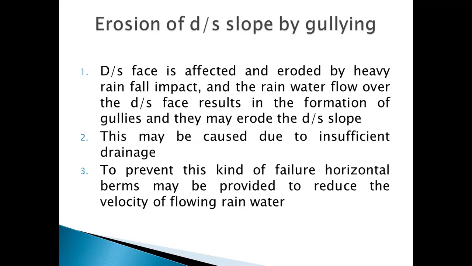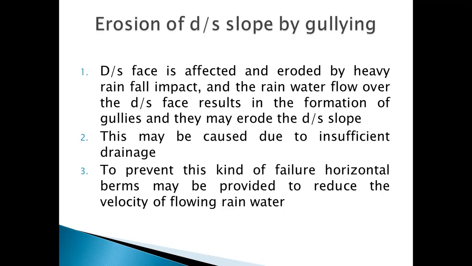We know that when heavy rainfall occurs on soil, it automatically creates a small gully and water flows along that gully. So here in reservoirs also there is a possibility of forming heavy gullies due to high rainfall or high downpour.